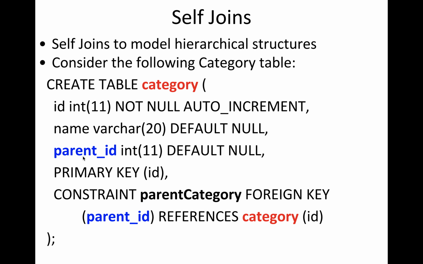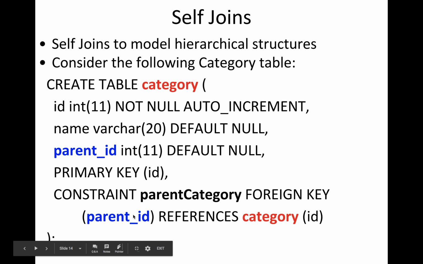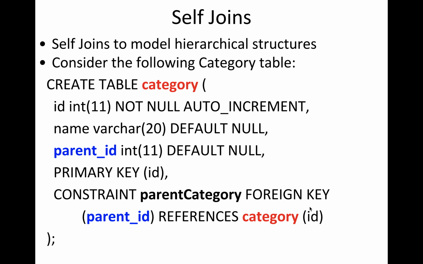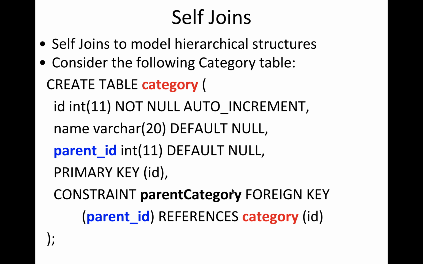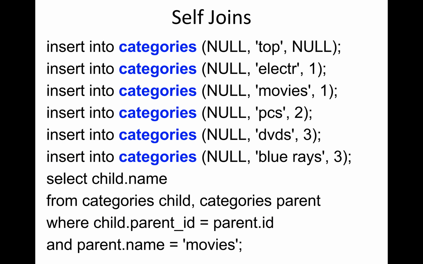This parent ID points to a higher category, and notice that the parent ID is referencing the same table, categories, but the field ID. So it's a foreign key that refers to the primary key of the same exact table. Examples are categories or employees; an employee table will also create a hierarchy.